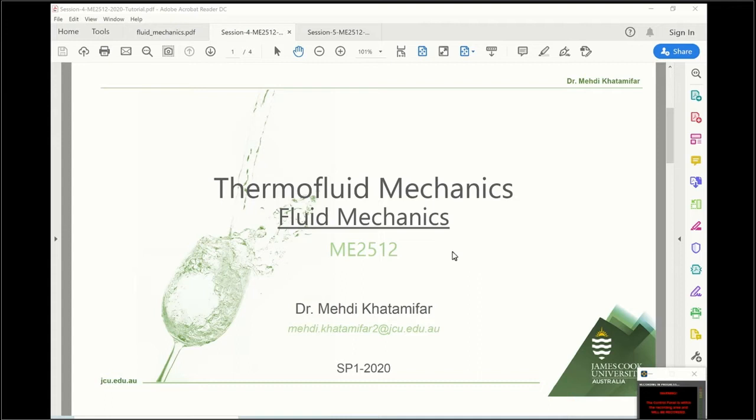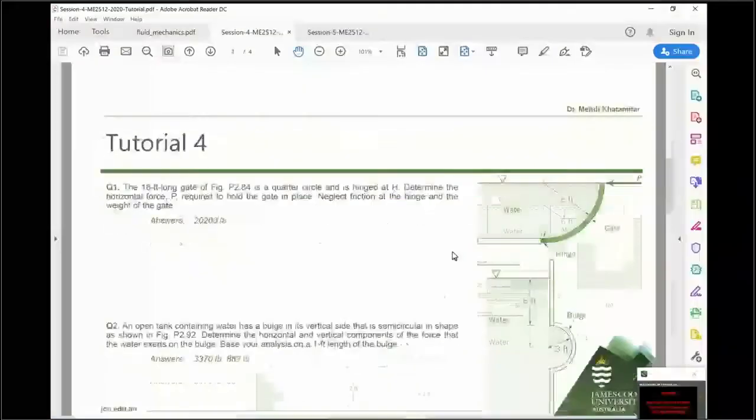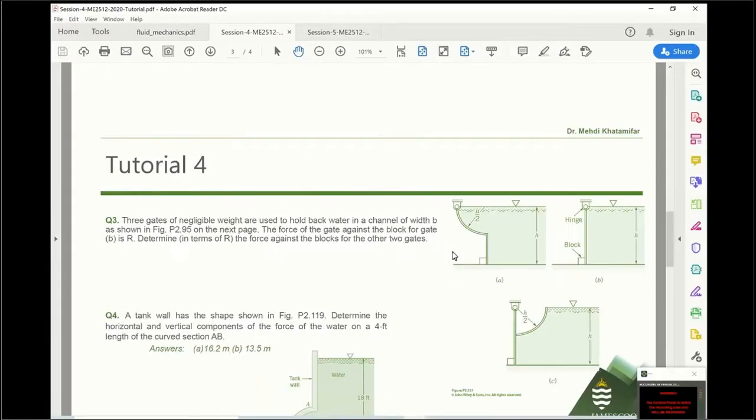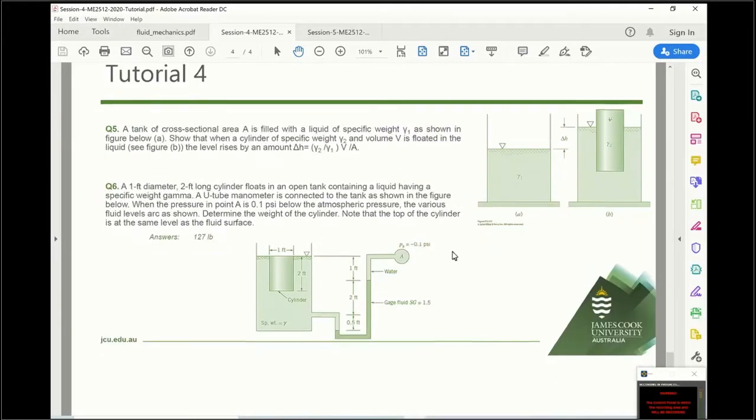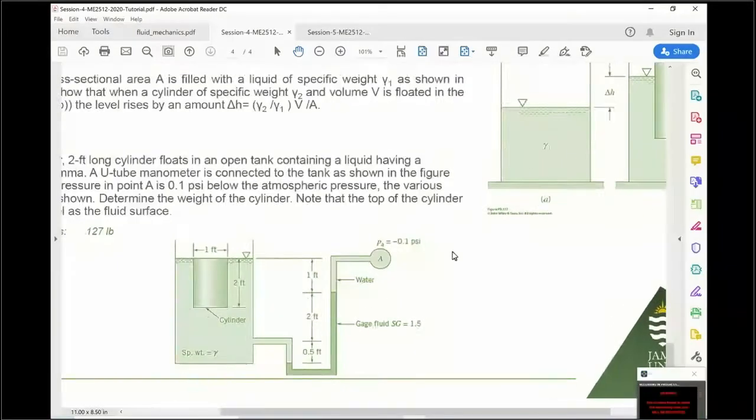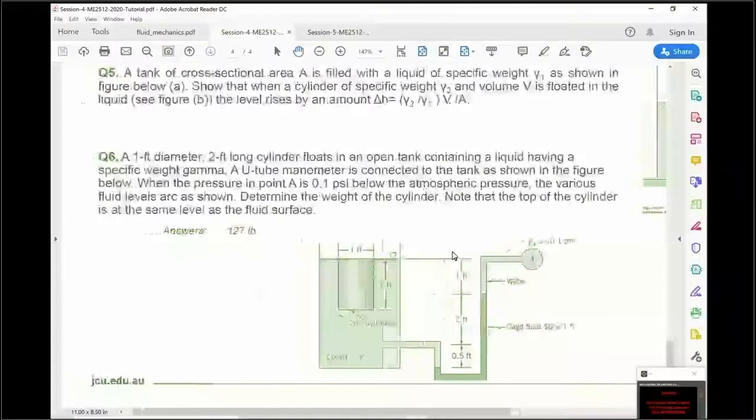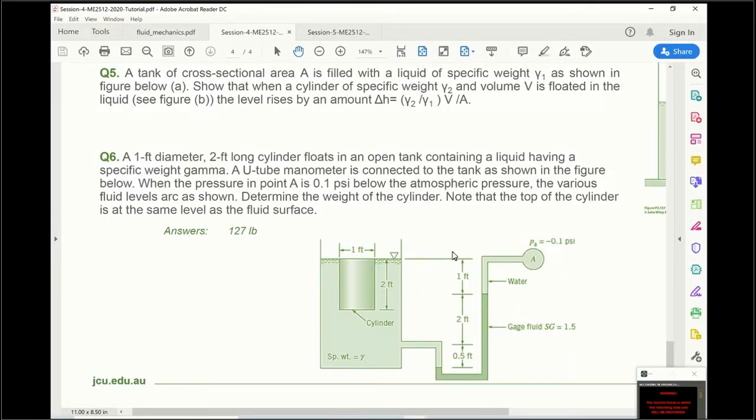I'm going to solve one extra question from session 4, which is question 6. Let's read this question. A 1 foot diameter, 2 foot long cylinder floated in an open tank containing a liquid having a specific weight gamma.